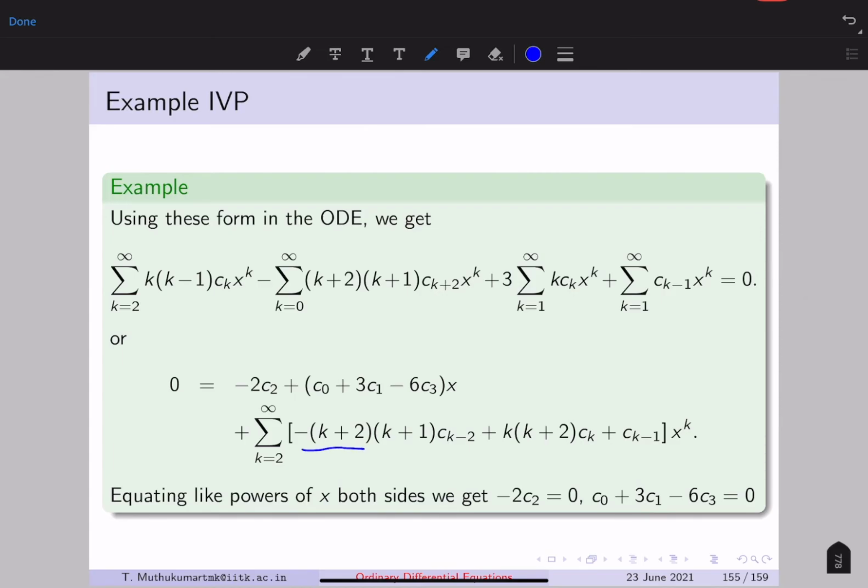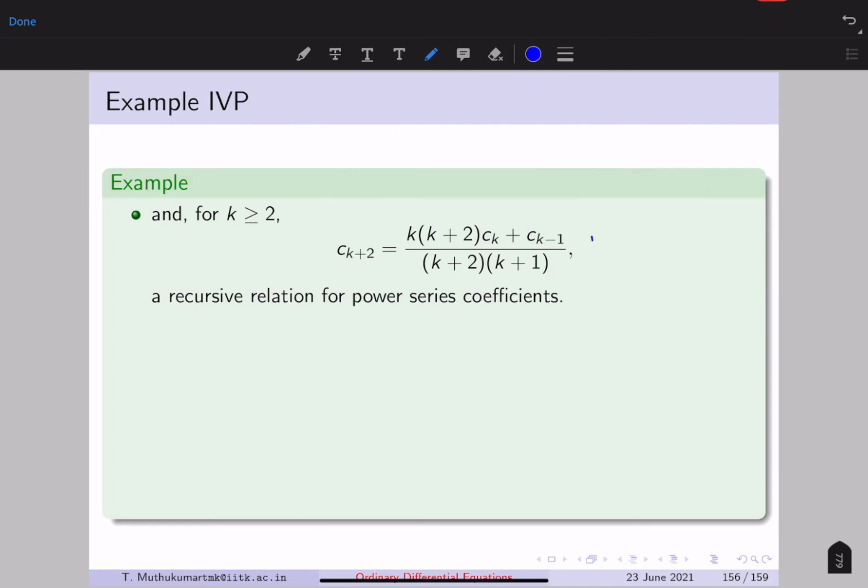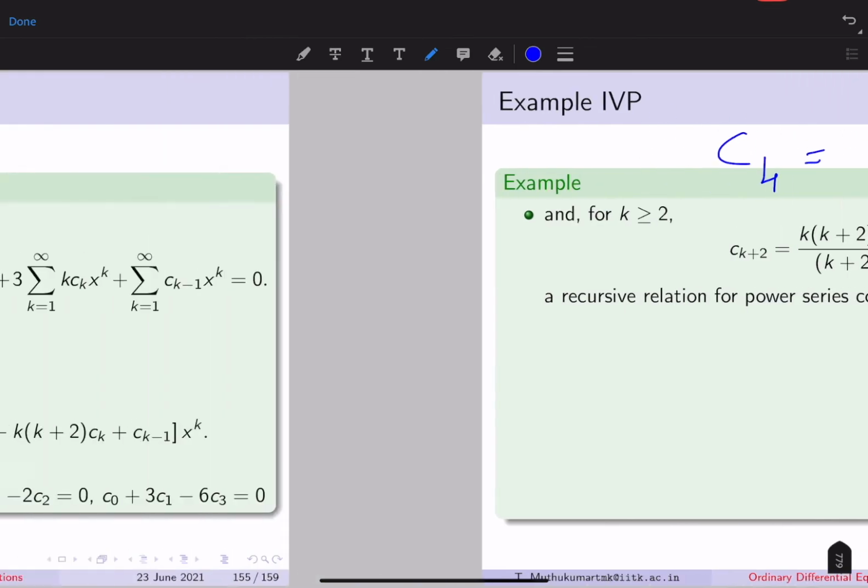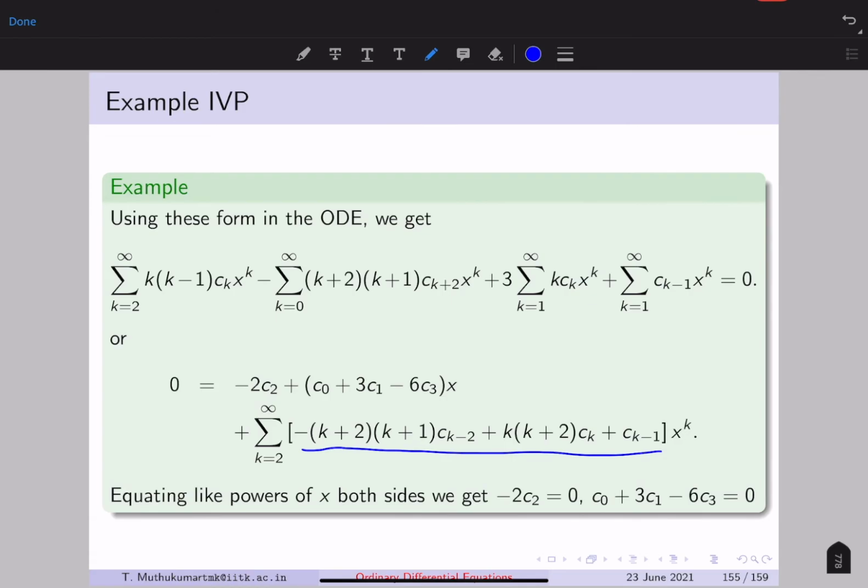Then you have a recursive relation for k bigger than 2. So the recursive relation that you obtain is this. Now if I put k equal to 2, then I can compute c4. So what is c4? c4 is going to be given in terms of c2 and c1, but c2 we have already seen is 0, right?